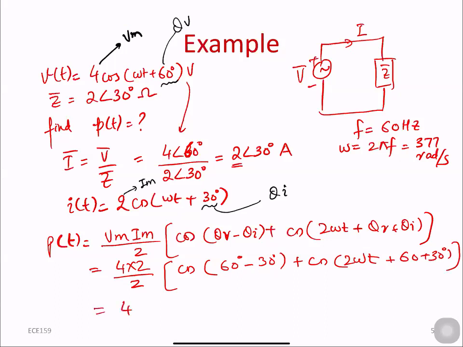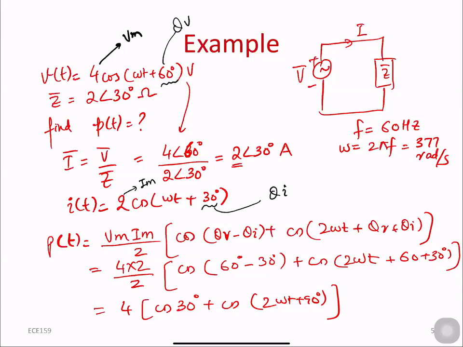And we can write this instantaneous power as 4 cos of 30 degrees plus 4 cos of 2 omega t plus 90 degrees. So this is how you can calculate any instantaneous power for any network which is given to you.